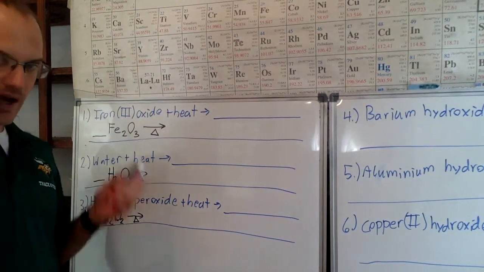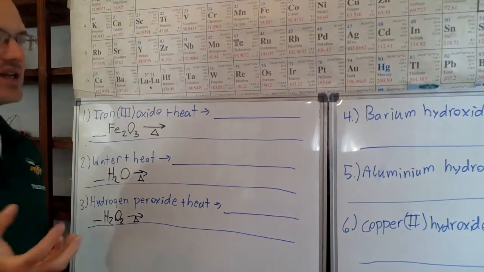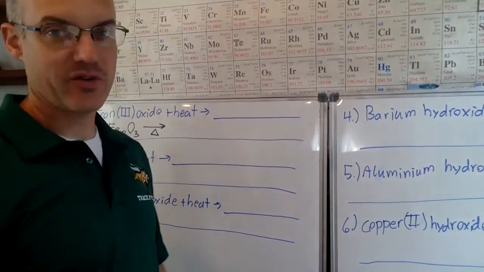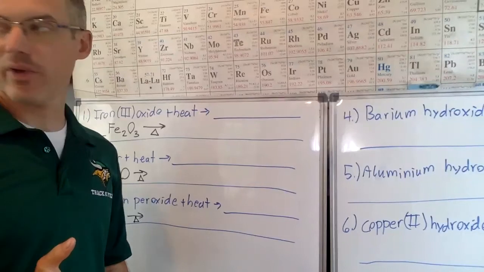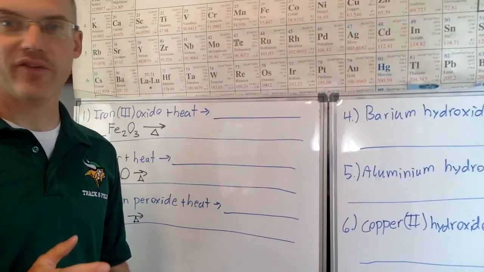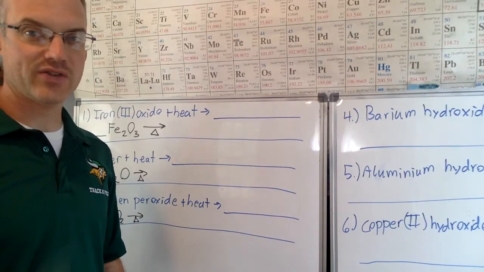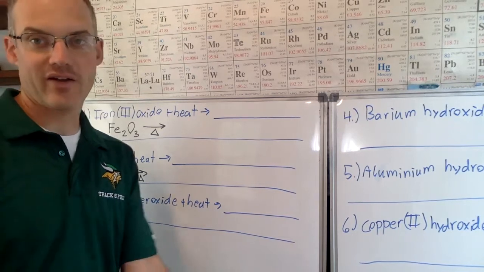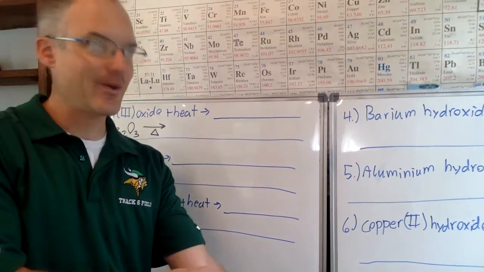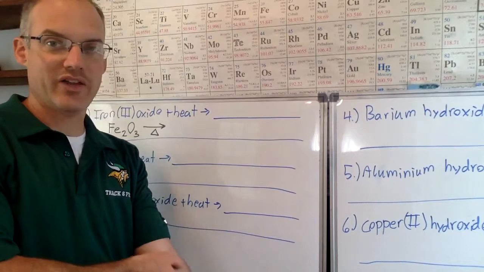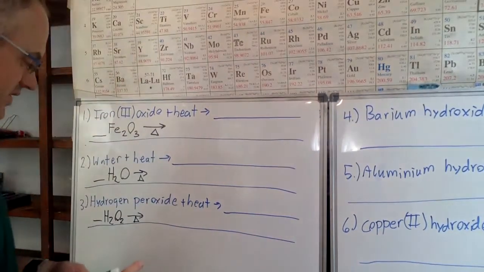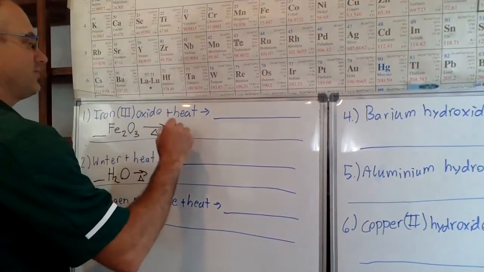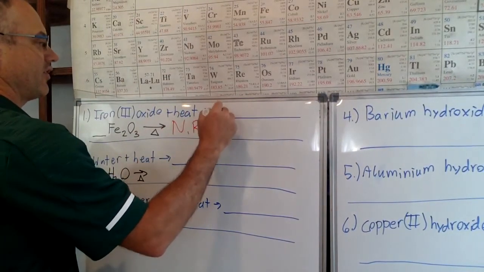So iron oxide is way too strong for heat to actually break it apart. That's rust, by the way. So we have rusty vehicles. You can't just heat it up and it turns back to iron, right? You have to actually melt it down to its original form, and it ruins the entire vehicle. So this is not really obtainable here. That's an NR, no reaction.